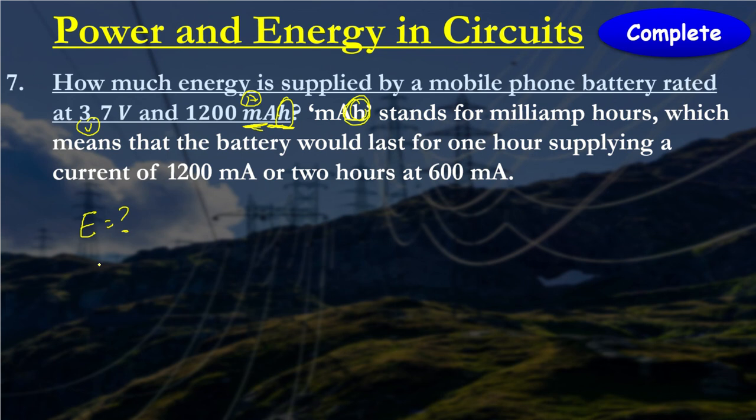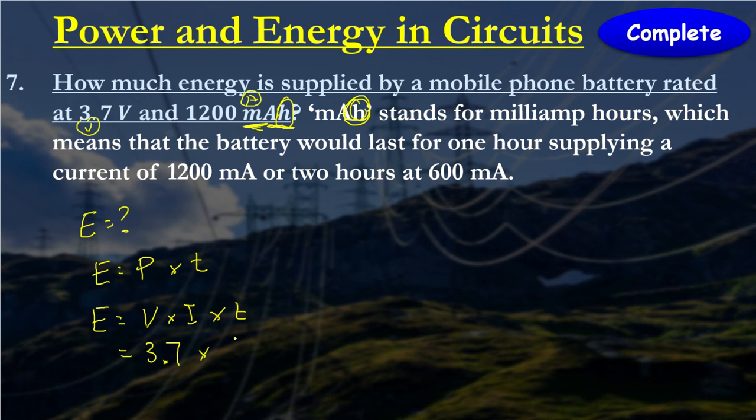So we know that energy is equal to power times time. Now we don't know the actual power because there's no watts, as you can see. What we can do instead though is have it as voltage times current times time. The voltage we already know, it's 3.7.